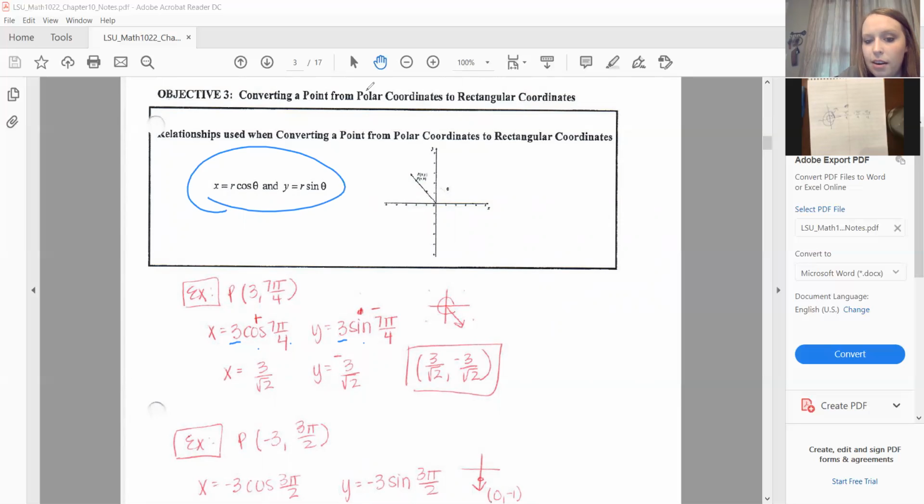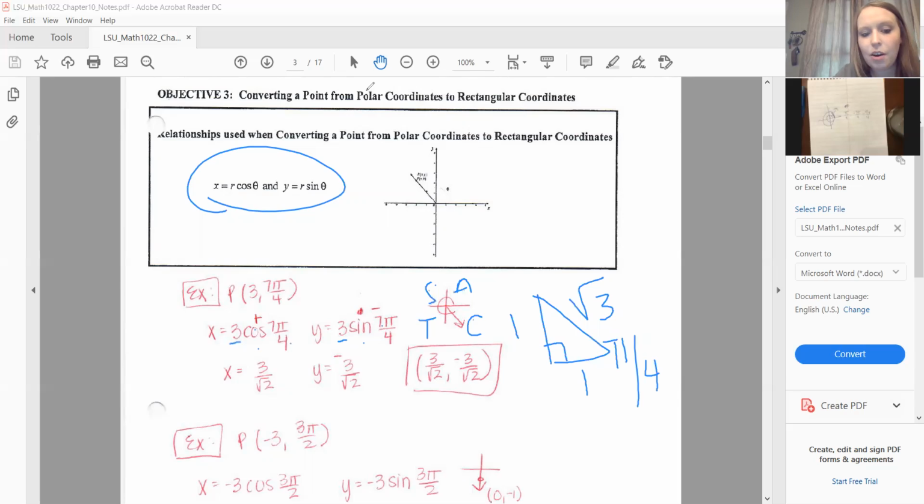So I drew it. Remember, all students take calculus. It's in quadrant 4. So I knew cosine would be positive, sine's going to be negative. Then back to your perfect triangles. You know your pi over 4 triangle is 1, 1, square root of 2. So mine, and I didn't write it, is 3 times 1 over square root of 2, which is 3 square root of 2 over 2, and it's positive because cosine is positive.